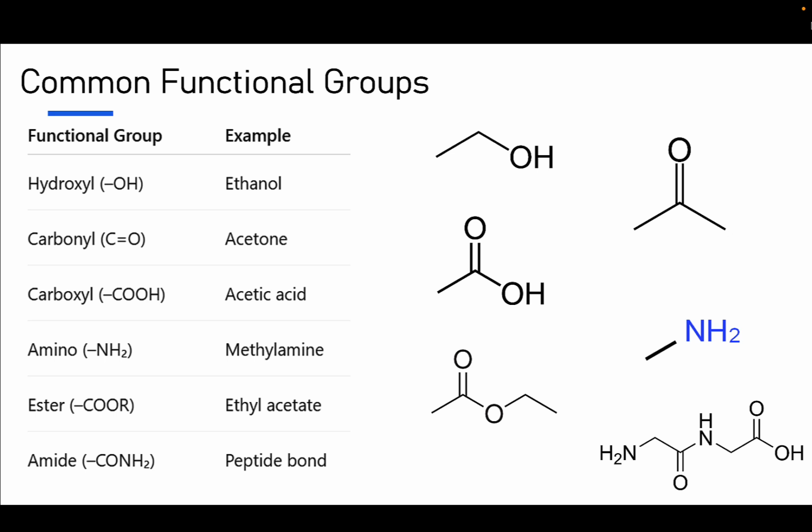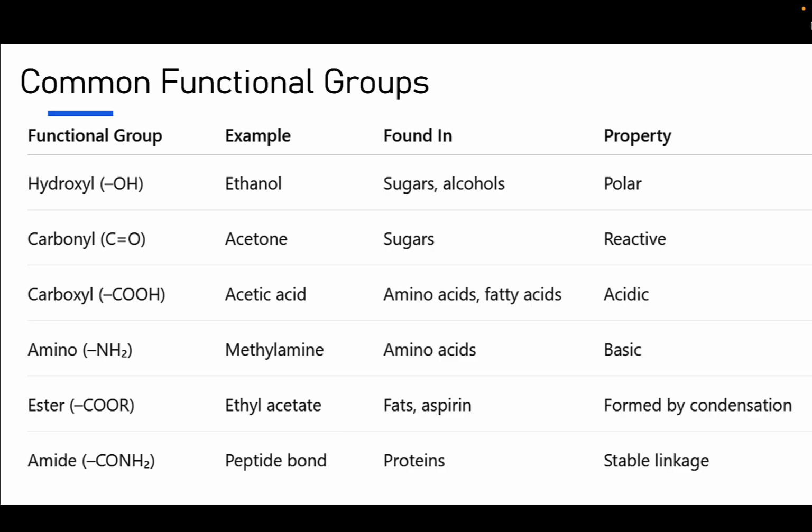The big point of functional groups is that they determine the big parts of how a molecule will react, the physical properties it'll have, what it's going to dissolve in, and things like that. And so here are some examples for each of these, where they're found, as well as the properties for each of these groups.